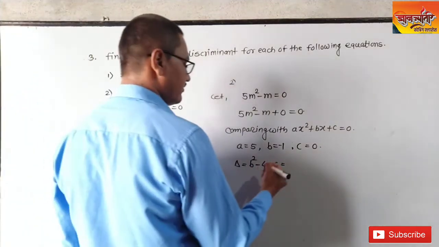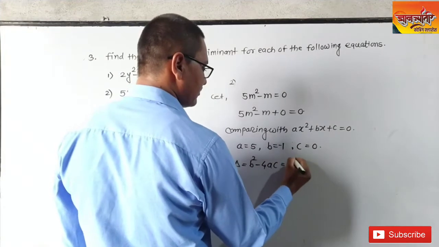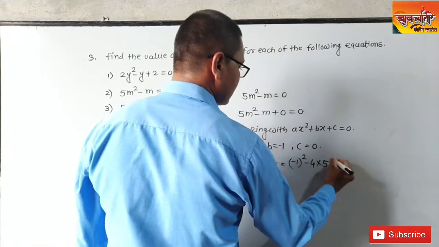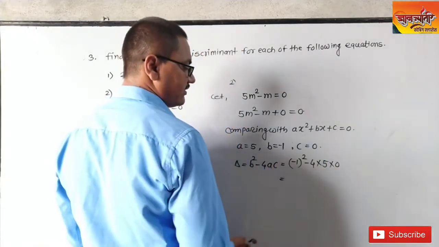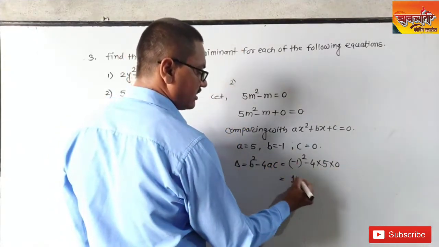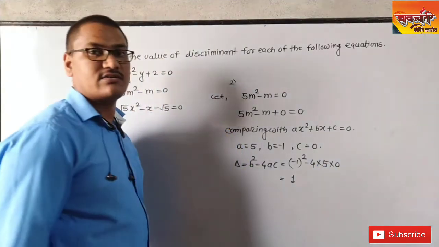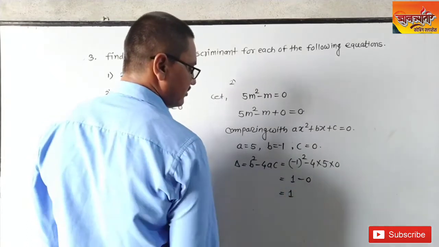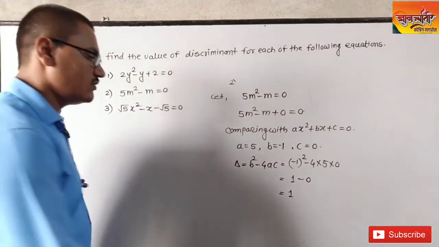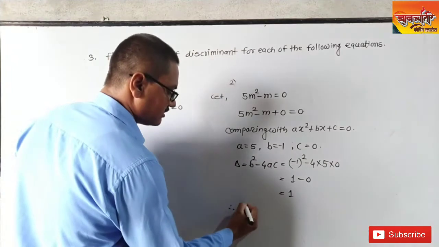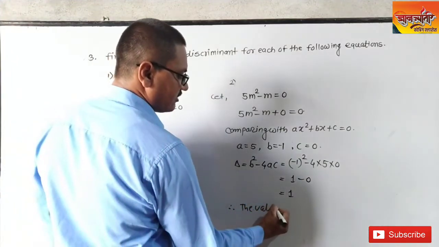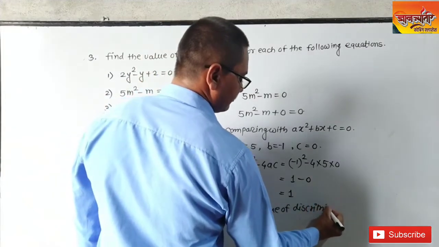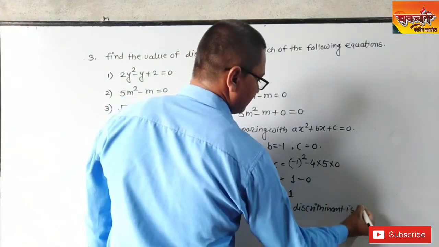We get (-1)² - 4 × 5 × 0. After simplifying, (-1)² is 1 and the multiplication of all the other terms becomes 0, so 1 - 0, and the value of the discriminant is 1. You can write the conclusion: the value of the discriminant is 1.